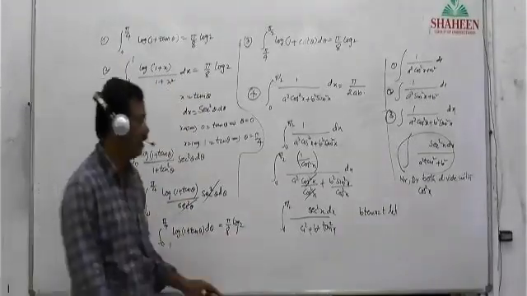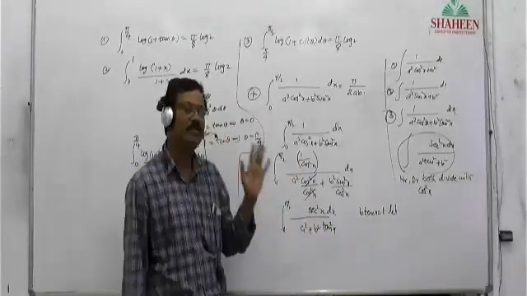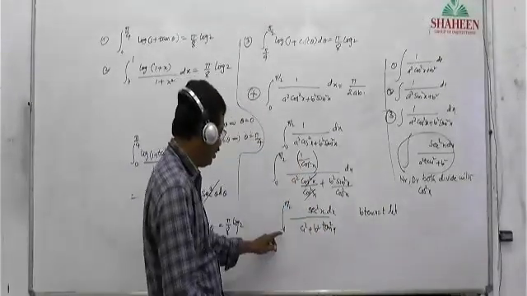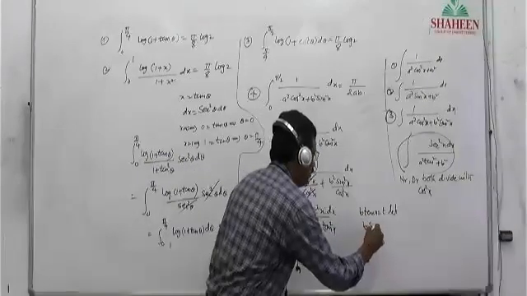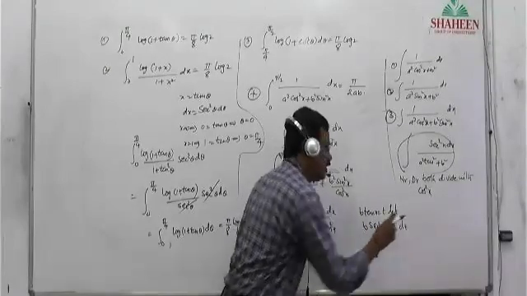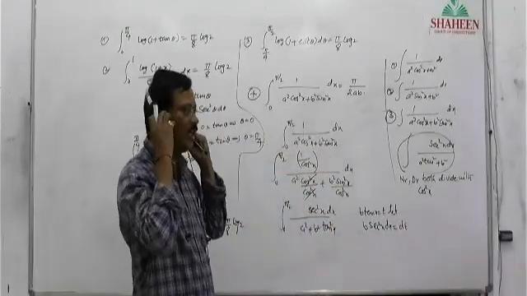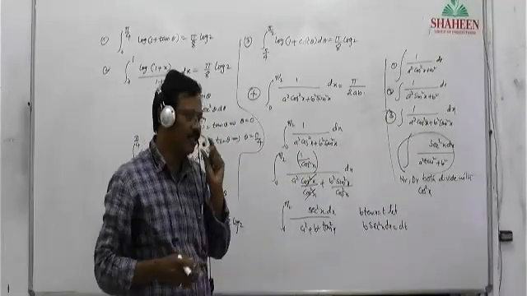That's why every time change the limits. If you substitute anything, then change the limits also. First, let us see the derivative. What is the tan derivative? Sec square x into dx is equal to dt. Is it correct, all of you?